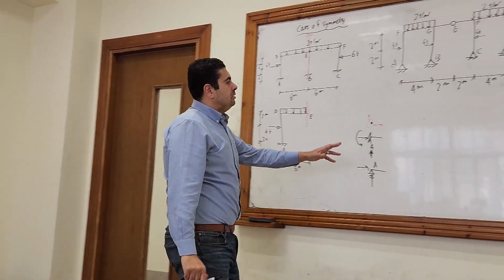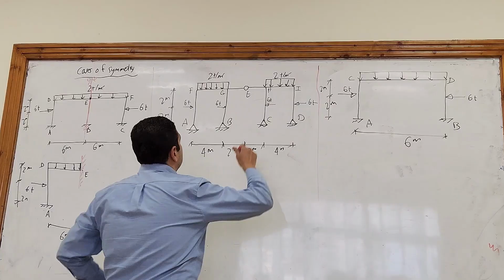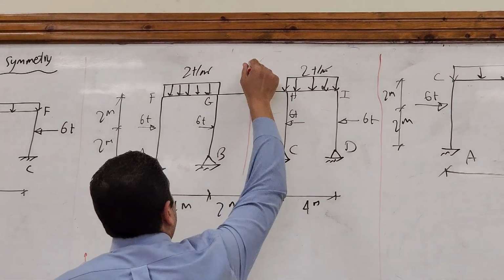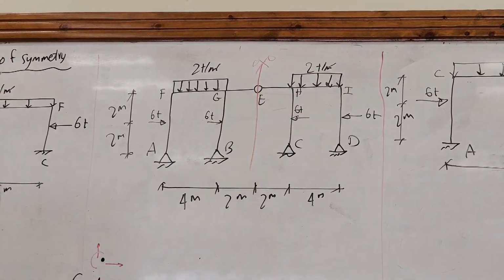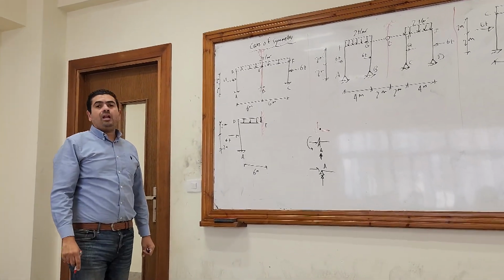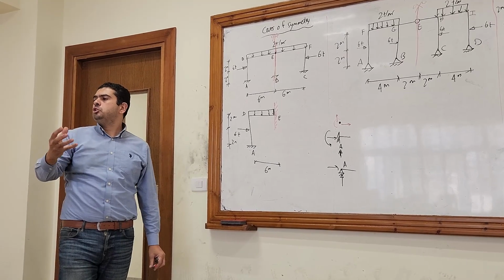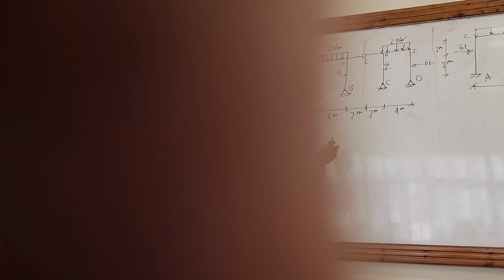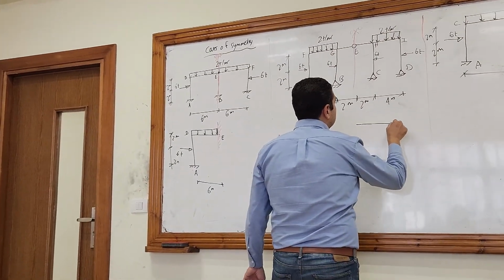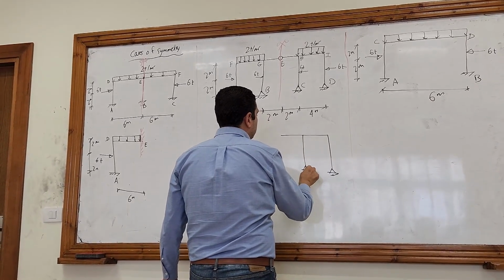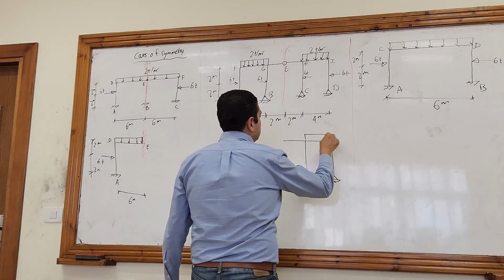What about this case? I think there is a line of symmetry here, right? This is the second case, when the line of symmetry is above a hinge, an internal hinge. Again, you can only draw half of the frame like this.